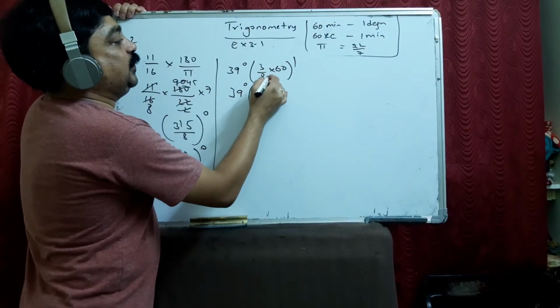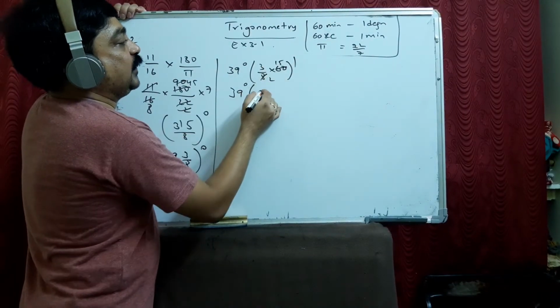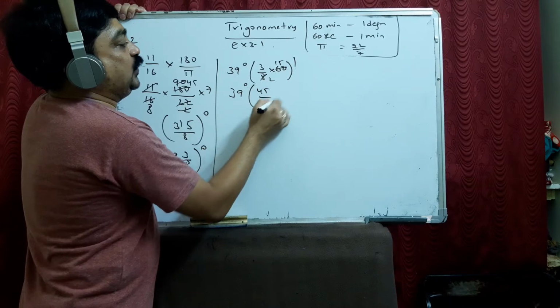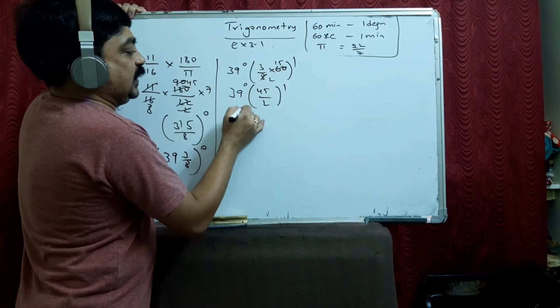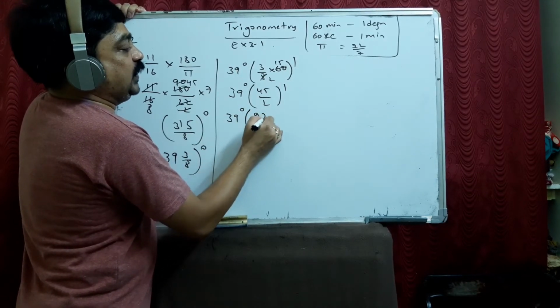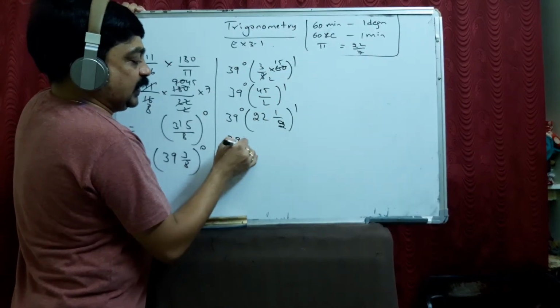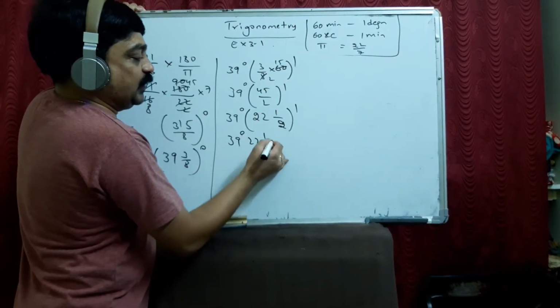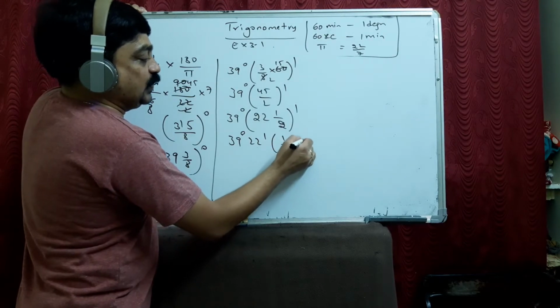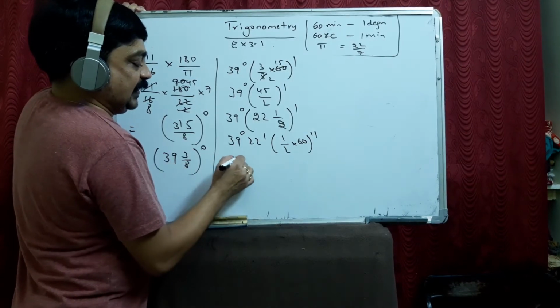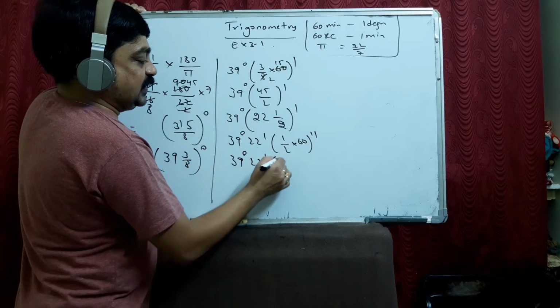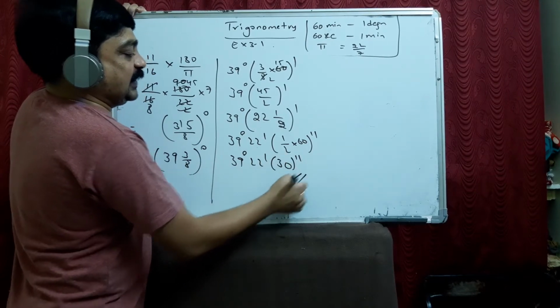It becomes 45 by 2 minutes, which is 22 and 1 by 2 minutes. So you can write 39 degrees 22 minutes and 1 by 2 into 60 seconds. 39 degrees 22 minutes 30 seconds is the answer.